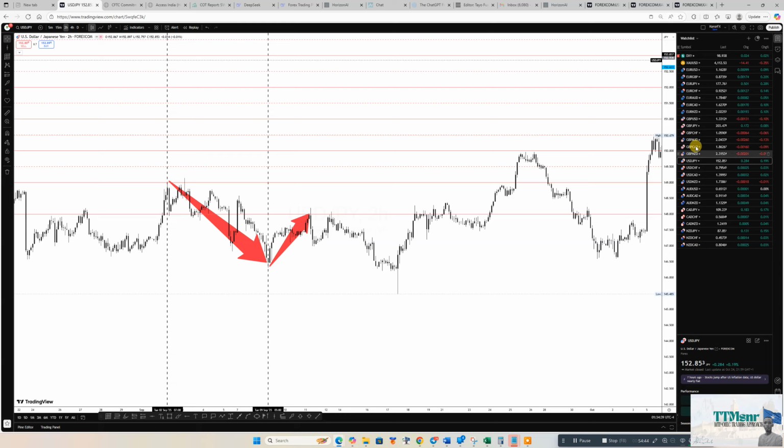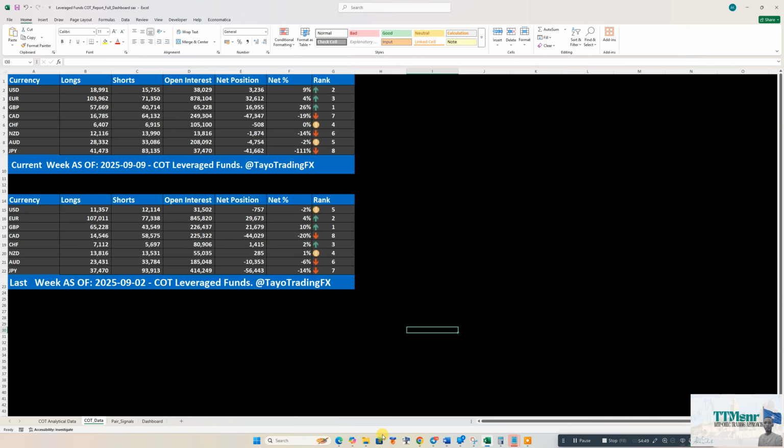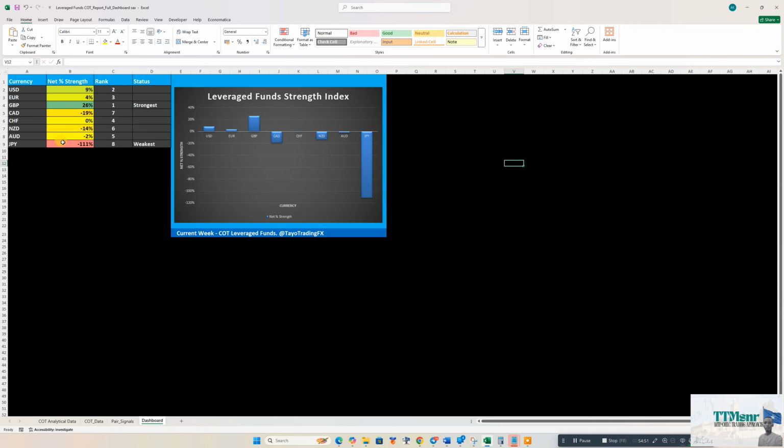My terminal is showing that if we pair these two currencies, the weakest currency and the strongest currency together, if this is the strong one and this is the weakest one, we pair them together, that is the currency pair, and this will be the strongest pair of this week of September 9.